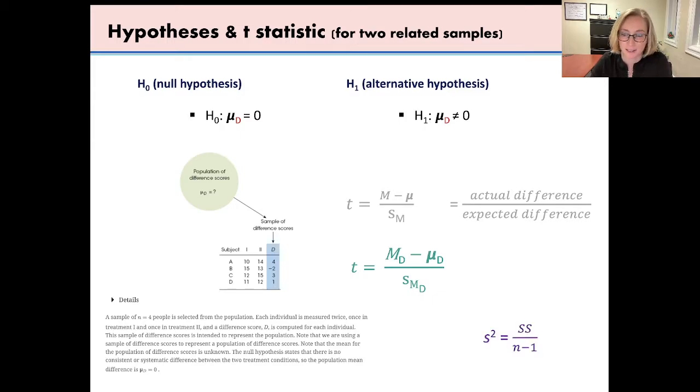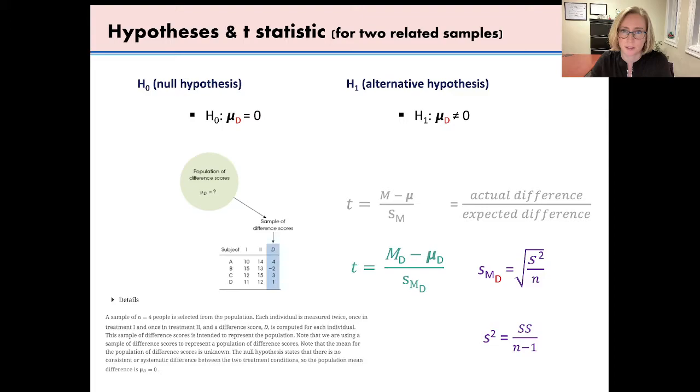So in order to calculate that, you would need the variance, right? To calculate your standard error, usually we have to start with either sum of squares or our variance, so we can plug that in. So just like before, variance for a sample, don't forget the n-1, our sum of squares, which is going to come from the difference scores, and I'll show that in a couple slides.